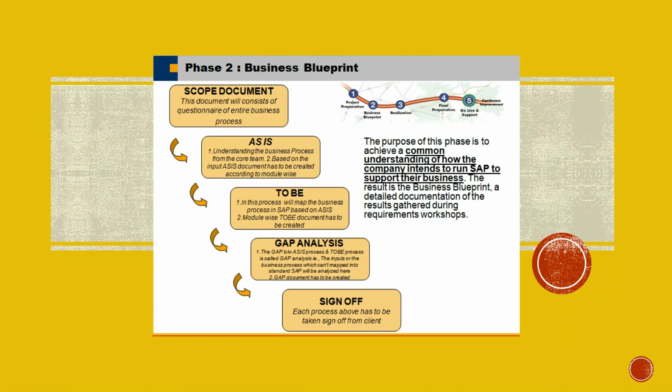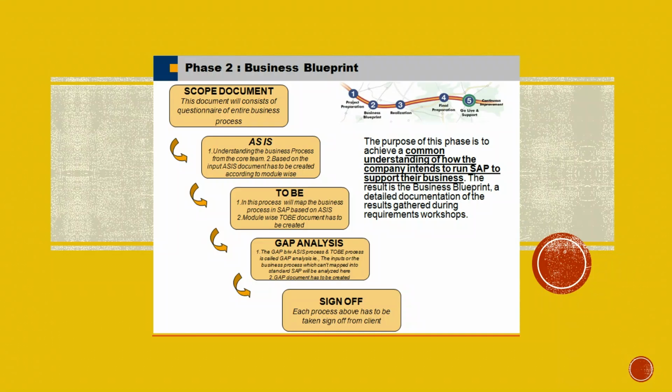The second phase is the business blueprint phase, where the consultant gets involved and a lot of documentation has to be done. This phase is especially designed to understand the system design, where as-is documents have to be created by the consultant with the help of the client.